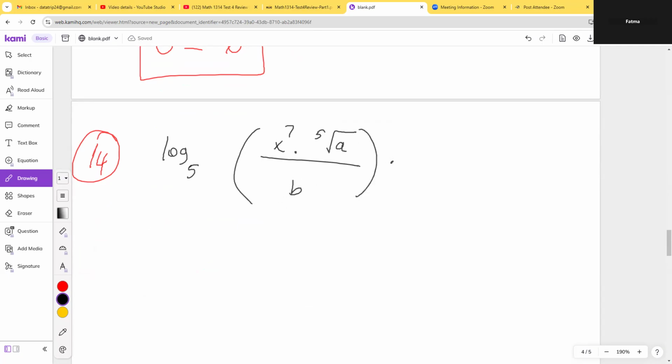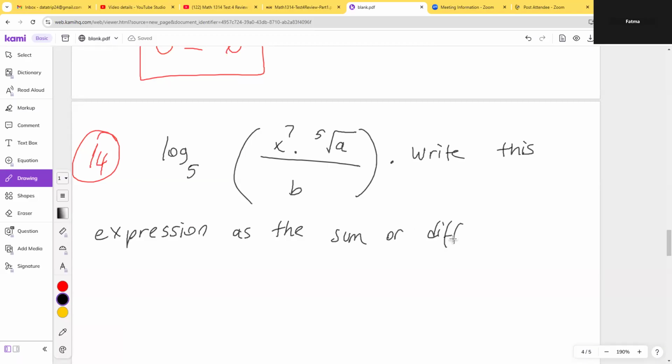Write this expression as the sum or difference of logarithms.